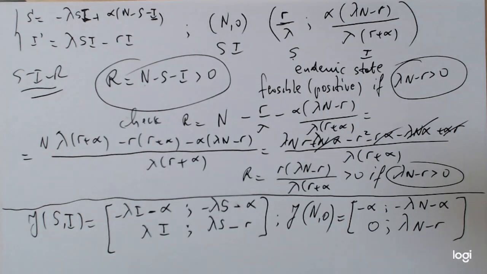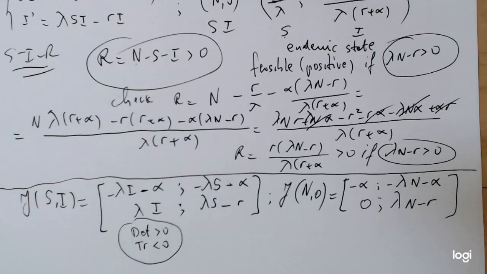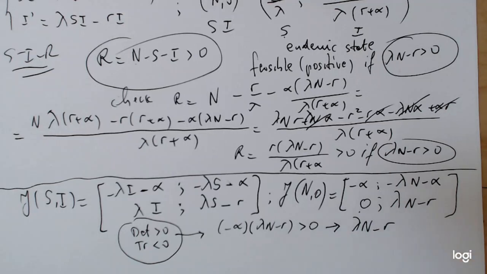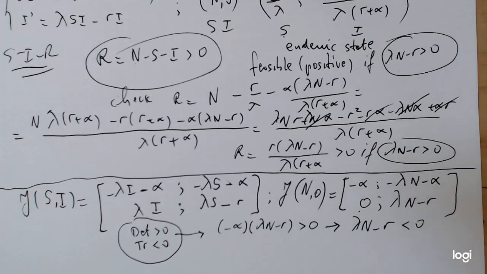Okay? Right now, you're looking at the conditions determinant positive, trace negative. Under what conditions do both of these inequalities hold? Because of this 0, the determinant, notice, is minus alpha times lambda N minus R. When it's positive, that implies lambda n minus r less than 0, right? Negative times negative should be positive.